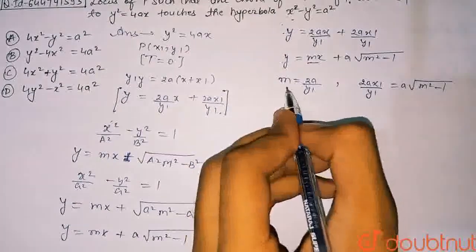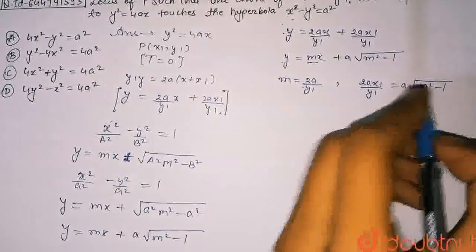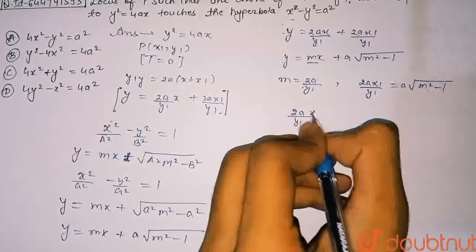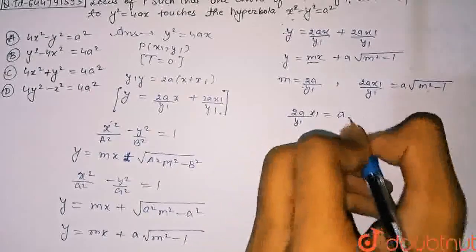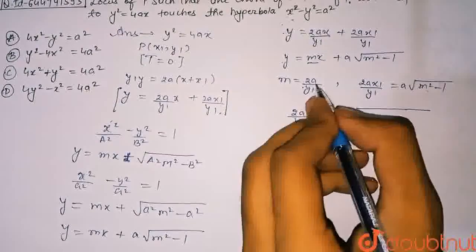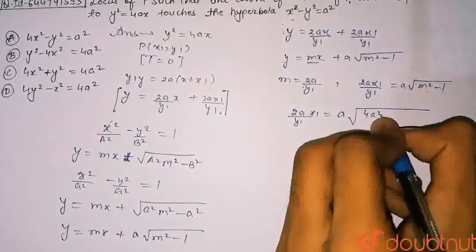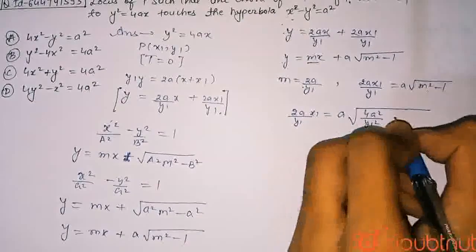So we will substitute this m in this equation. So 2a upon y1 multiplied by x1 will be equal to a root of m square minus 1. The value of m square will be 4a square upon y1 square, so this will be 4a square upon y1 square minus 1.